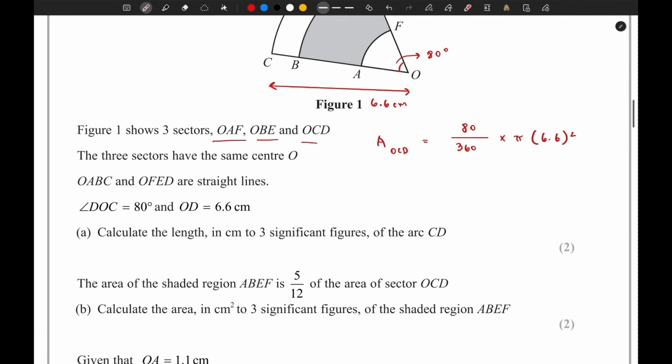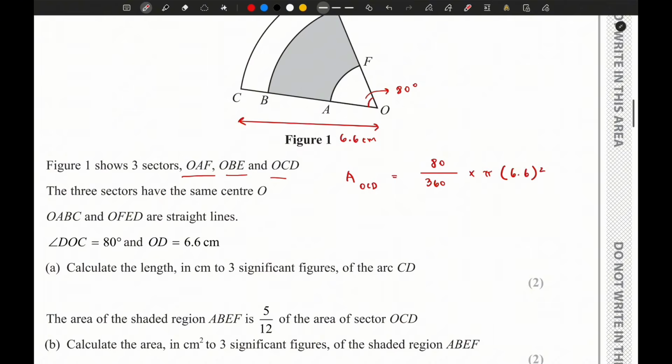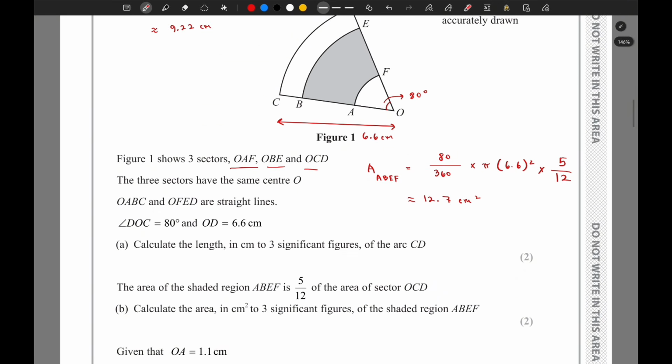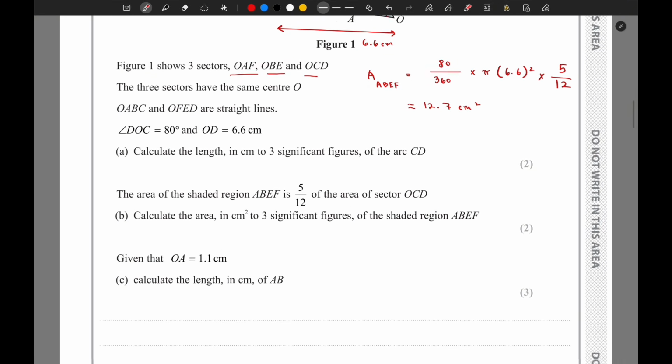So the area of the shaded region is 5 over 12 of the area of sector OCD. Now we just need to calculate the area of ABEF. We need to multiply this whole value by 5 over 12, which gives us a value of 12.7 centimeters squared. So that is the answer to this part.